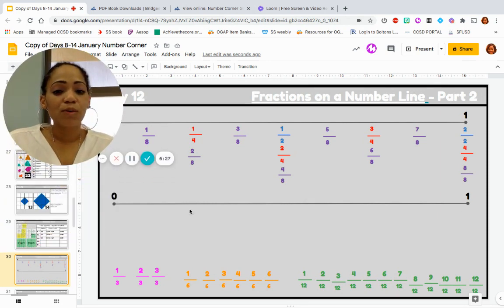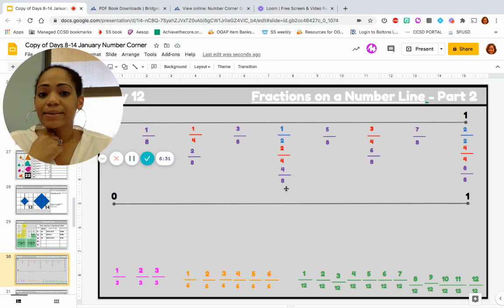And even though we don't have a ruler underneath here, we can kind of estimate where a third would go. So if I'm comparing it to my first number line, I know a third is less than a half, but it's closer to 1/2 than it is to 0, I think.